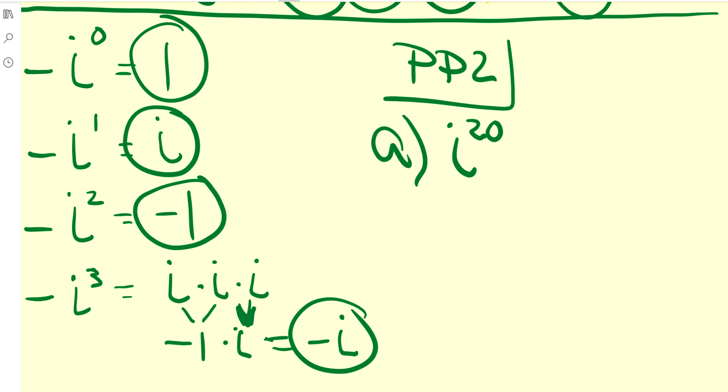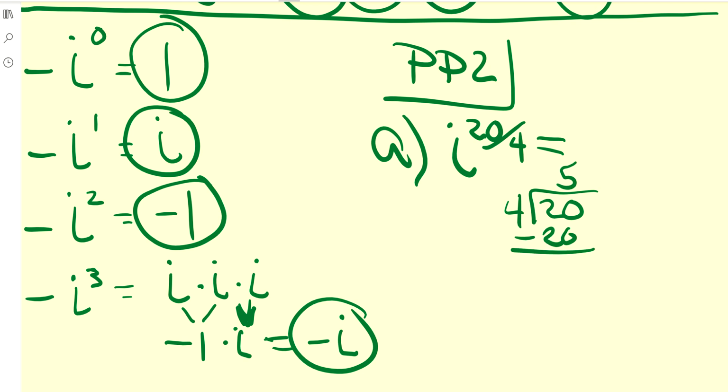So I'm going to take the 20 and divide it by 4. 4 goes into 20 five times, and 5 times 4 is 20. I subtract and I have a 0 remainder.